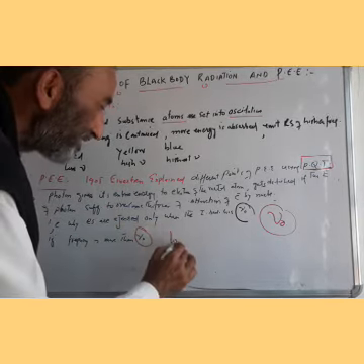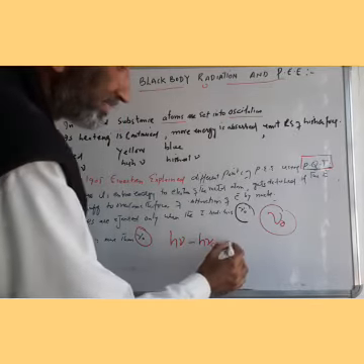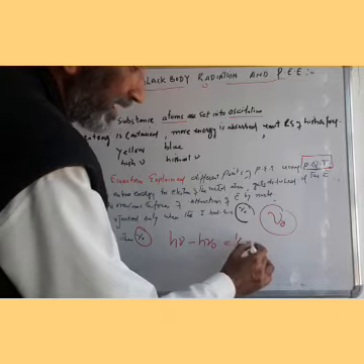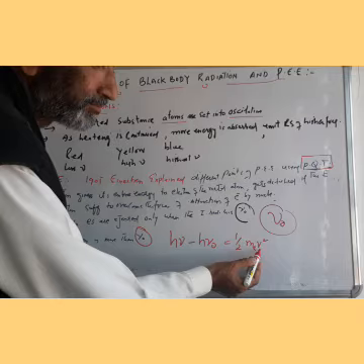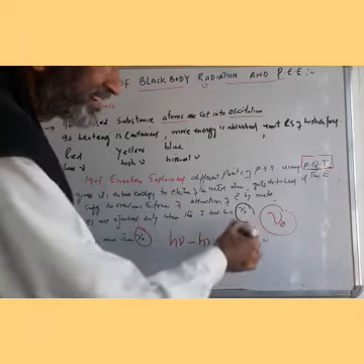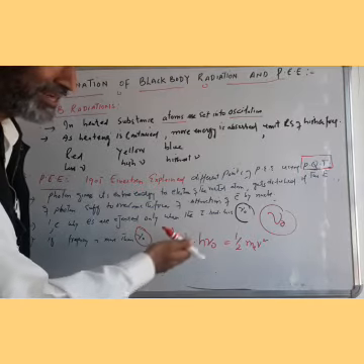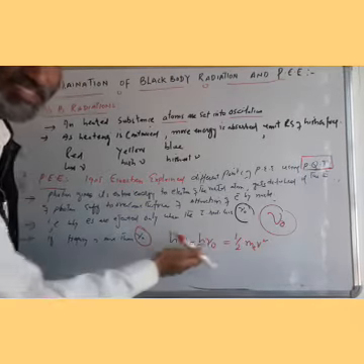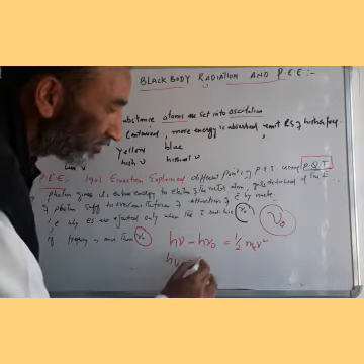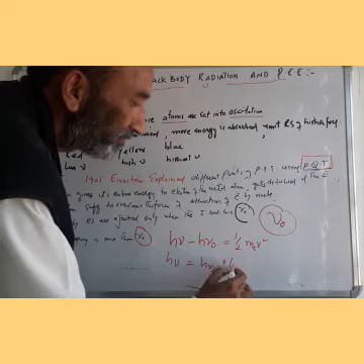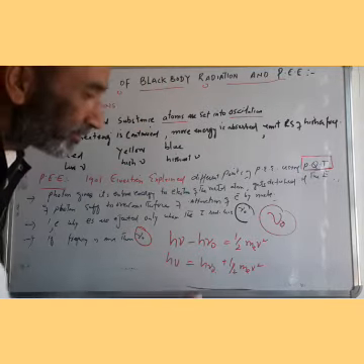That means h nu minus h nu 0 is equal to 1 by 2 m v square, where m is the mass of the electron and v is the velocity. This term is the kinetic energy of the electron. So we can write this equation: h nu is equal to h nu 0 plus 1 by 2 m v square.